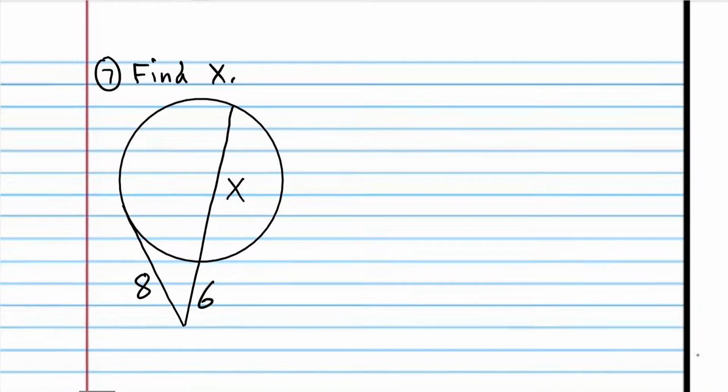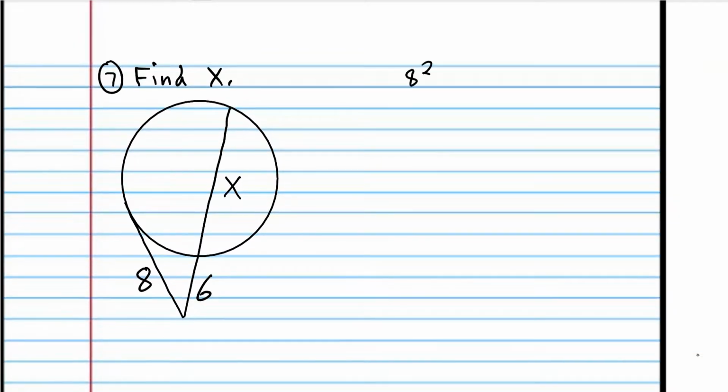So I know that seems like a lot to take in, but that just means that 8 squared is equal to 6 times 6 plus x. The square of the tangent length is equal to the product of the total length of the secant segment times the external length.